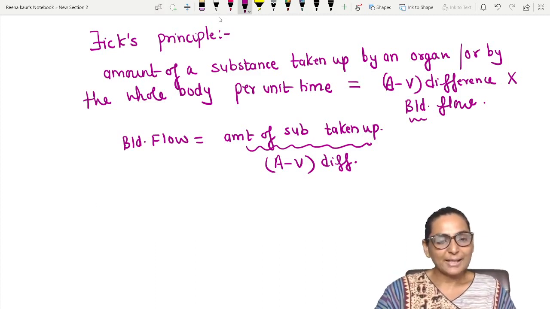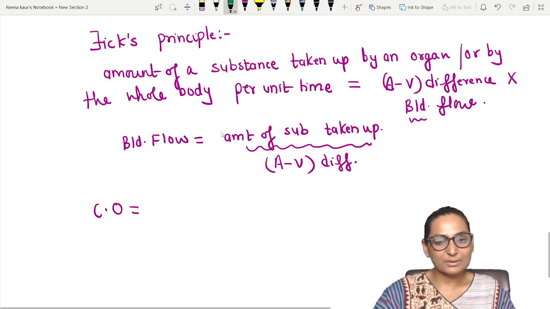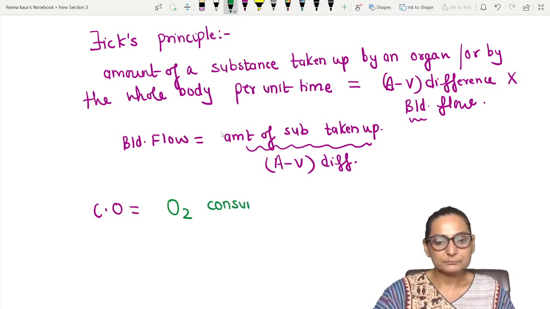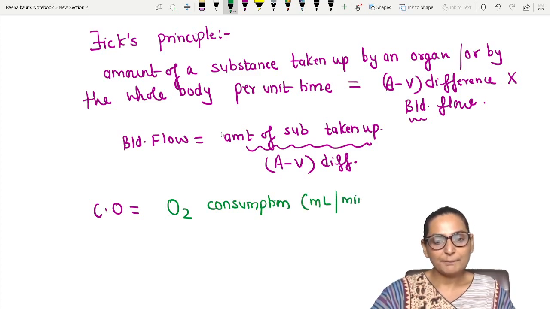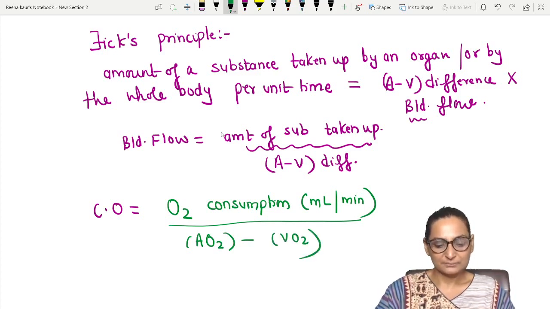So you can calculate the cardiac output, which is equal to oxygen consumption, in ml per minute, divided by arterial oxygen minus venous oxygen, right?